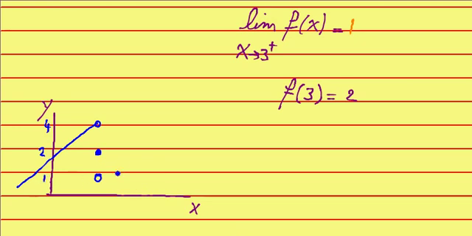Here was 1. Here was 3. So we are asking, coming from the left, this is our final destination. Coming from the right toward x equal to 3, the final destination is just 1. At 3 itself, if the function happens to be defined, there's a filled-in circle, or the part of the picture is there, well, in this case it is, and the answer turns out to be 2.